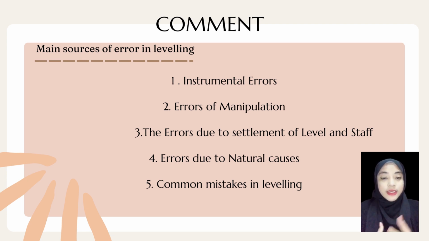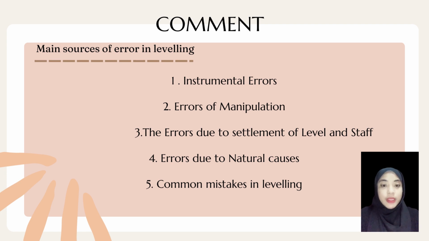The third main source of error in leveling is errors due to settlement of level and staff. Settlement of level means if the level is set up on soft ground, it may gradually settle down in the interval between taking a backsight and the next foresight reading.